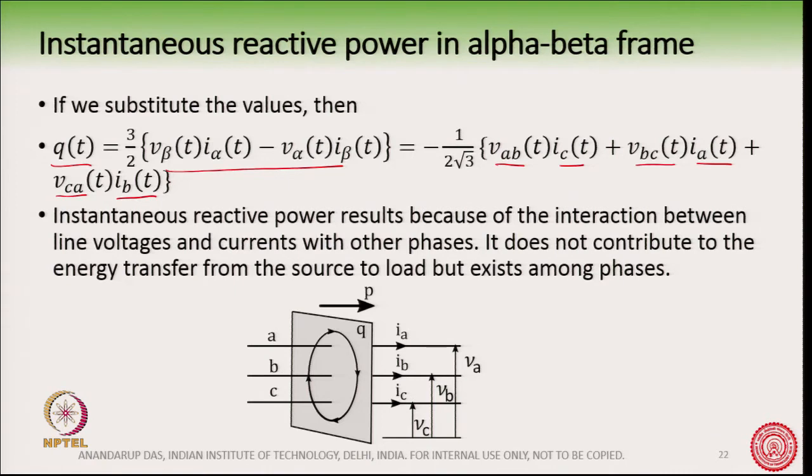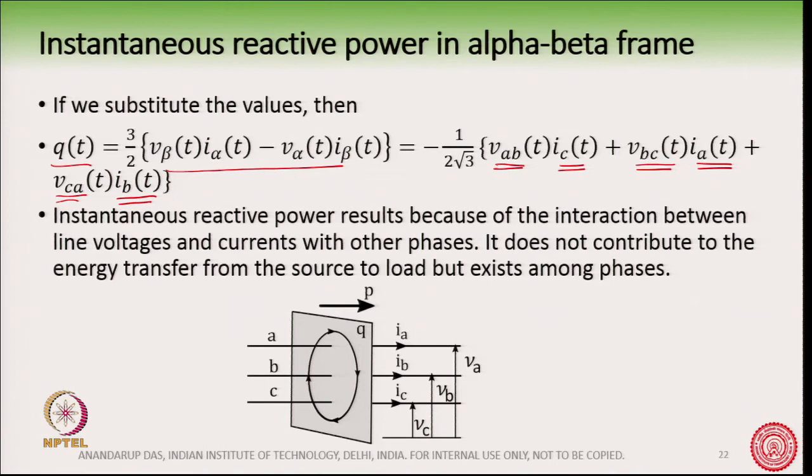It shows that the instantaneous reactive power is basically an interaction of line voltages with the line current of the other phase. It is the interaction of VAB times IC, VBC times IA, and VCA times IB.